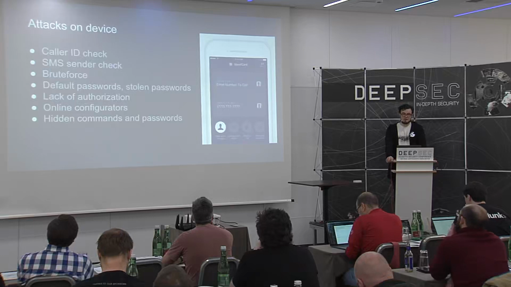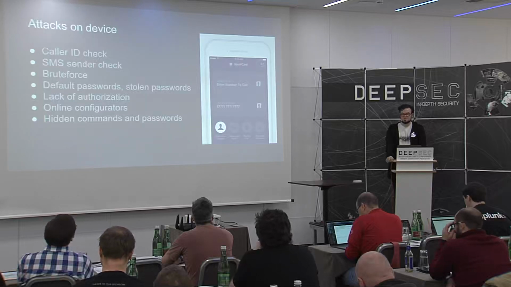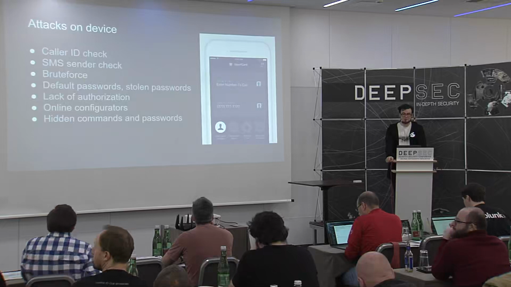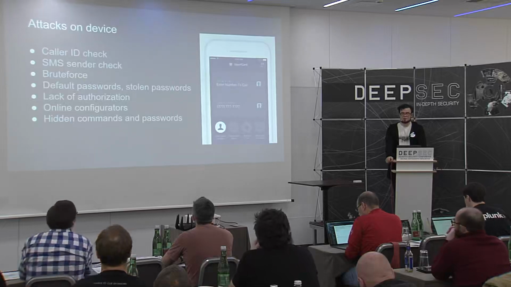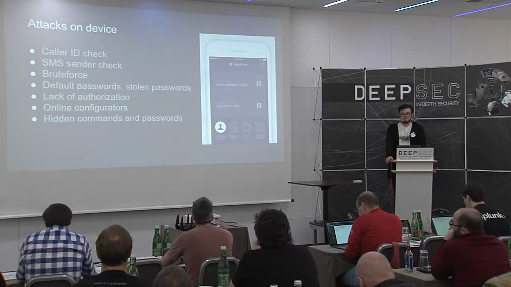It means that it is possible to spoof the phone number of the SMS. It is a bit harder, and it is the reason why a lot of people think that it is possible to spoof calls, but it is impossible to spoof SMS. But unfortunately, it is possible too, and usually you can attack different devices.